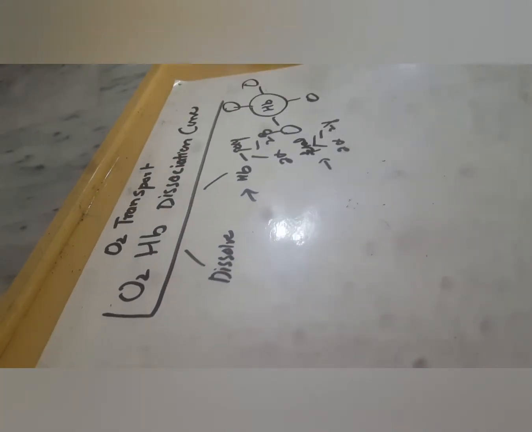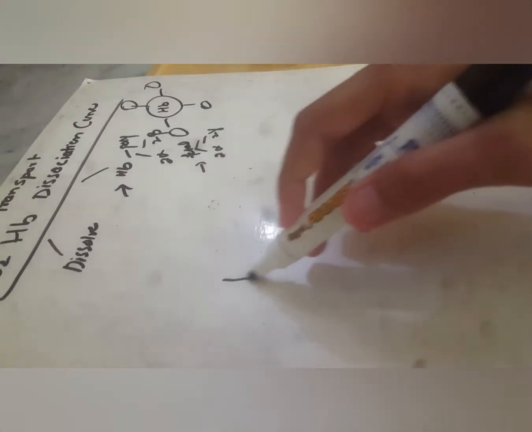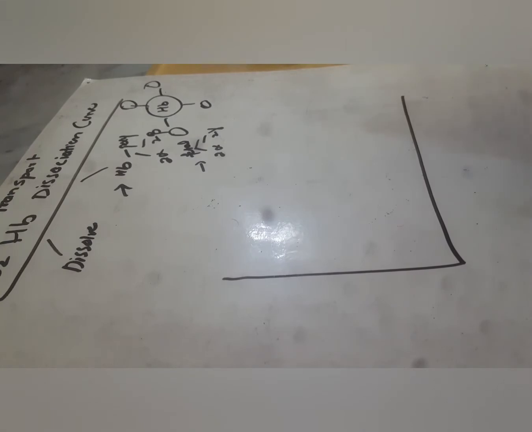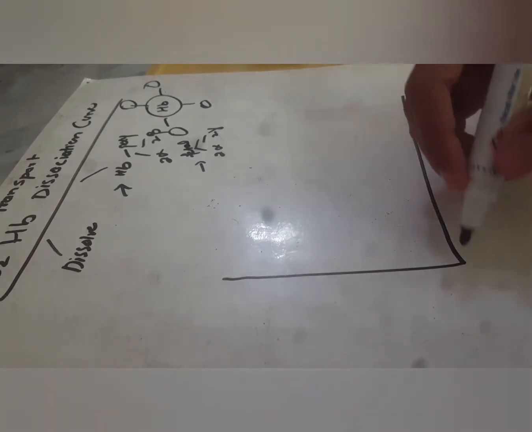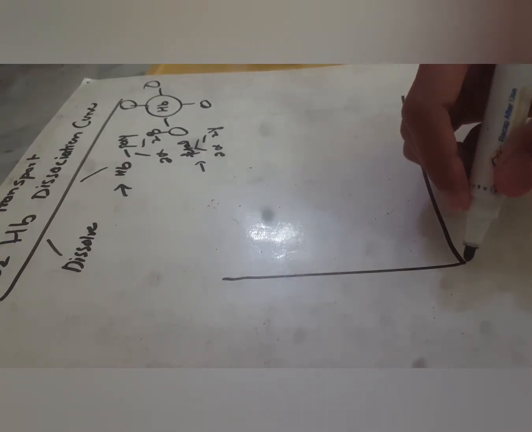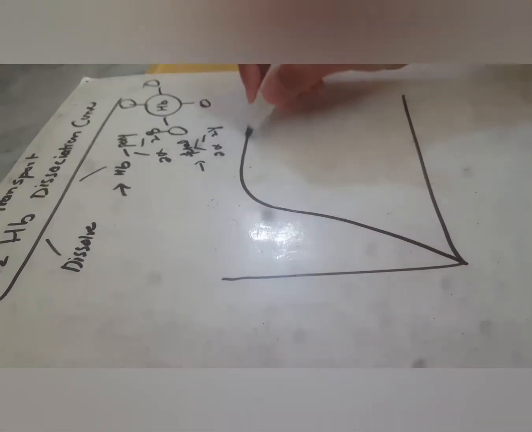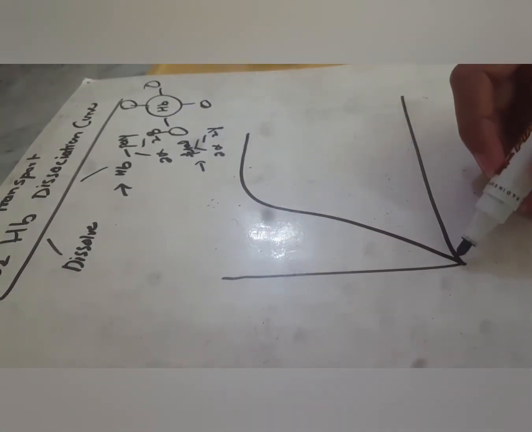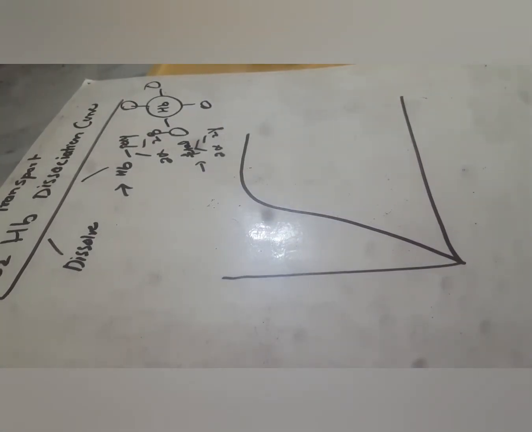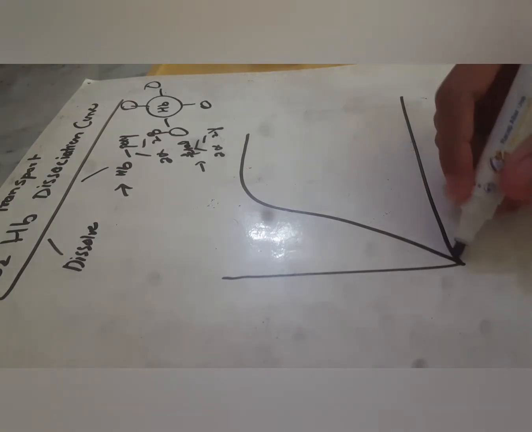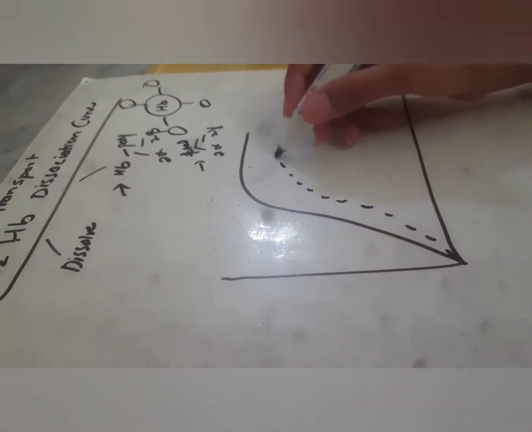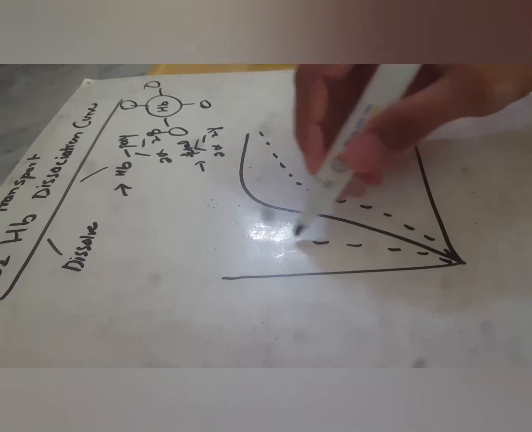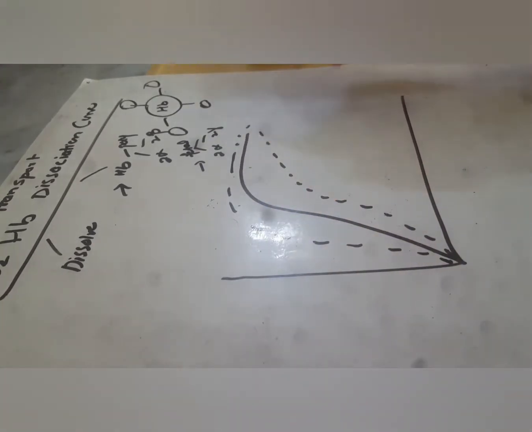Right now I am going to draw the oxygen hemoglobin dissociation curve, and I'll tell you it's very easy to remember this curve. It's a sigmoid shaped curve, right? If it's deviated, this is how it deviates to the left.